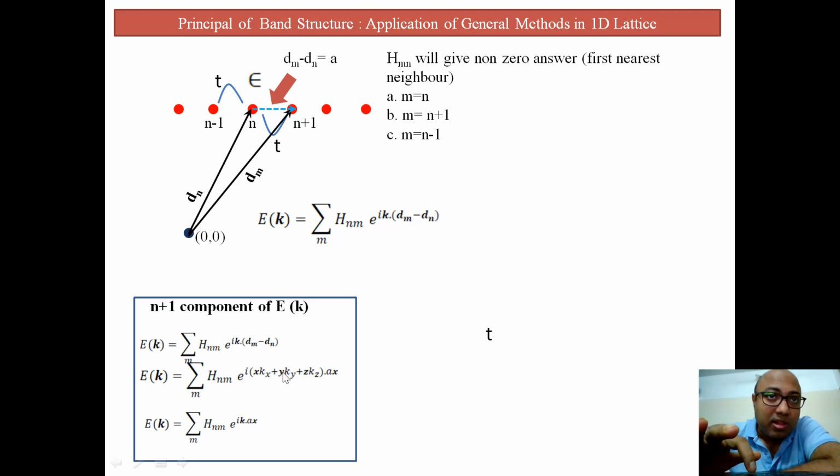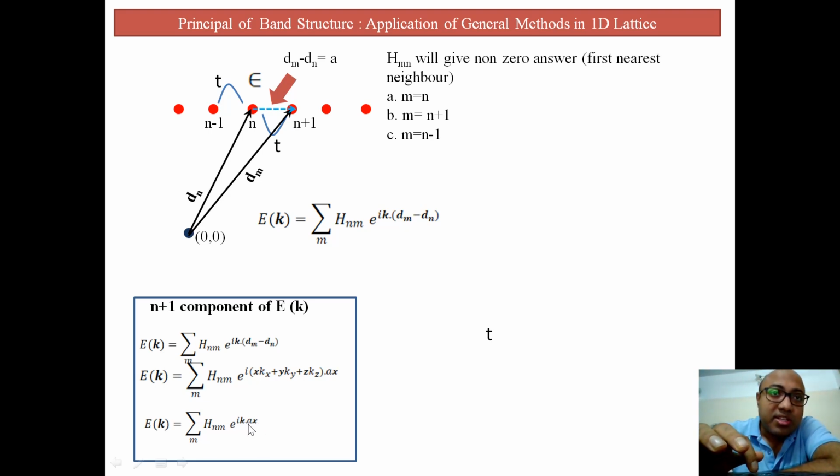This x, this y and this z are unit vectors. It's a bold letter. Okay. Now dot, what is dm minus dn? It is a. Distance is a dot a, and x is the unit vector, because here it's a positive direction, so it is plus x. Okay. Now it is simple. It is a dot product, so you will get ik dot ax.